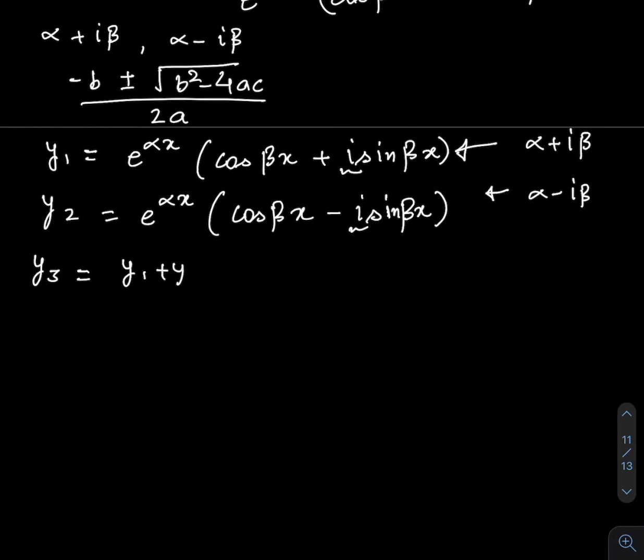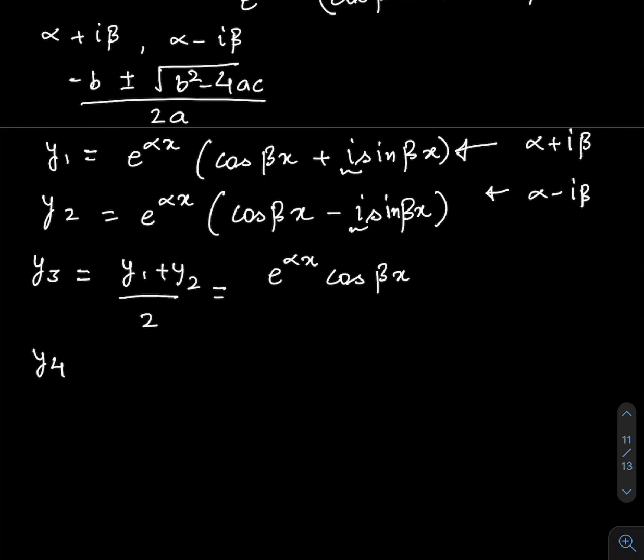let y3 be y1 plus y2 divided by 2. If you add these two, i sine beta x and negative i sine beta x will cancel out, and we will get e^(alpha x) times cosine beta x, right?